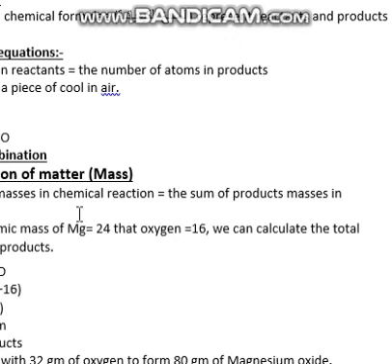On the other side, the total mass of products is 2 times 24 plus 16 for magnesium oxide; between them the multiplying changes into plus. So the total mass of products equals the total mass of reactants, equal 80 gram. So it achieves the law of conservation of matter.